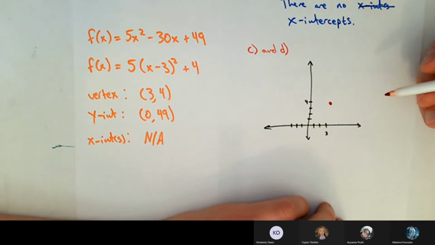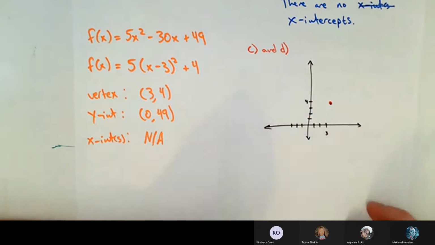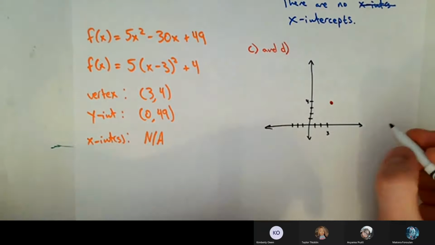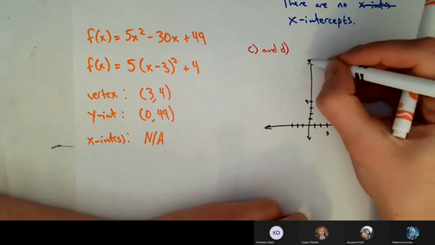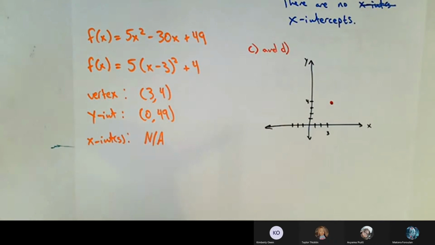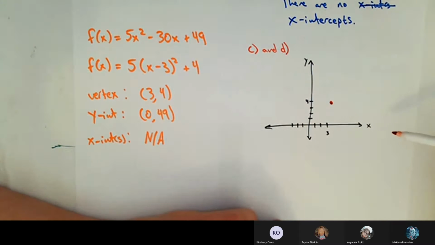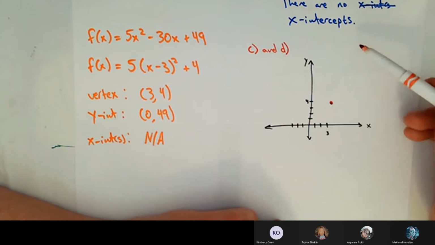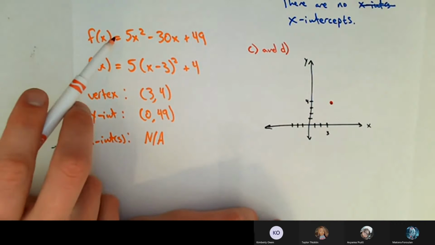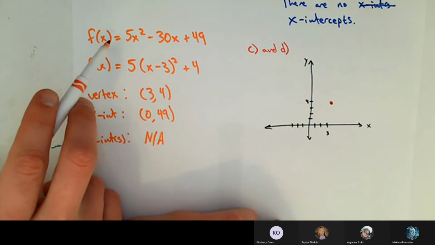What else do I need to know? Since I don't have any x-intercepts, it doesn't cross the x-axis, this horizontal axis. So this is x, and this is the y value, the output value. I know that this graph is pointing up. If it doesn't have x-intercepts, that means from here it must go up. Also, because that leading coefficient is positive, this graph is pointing up.